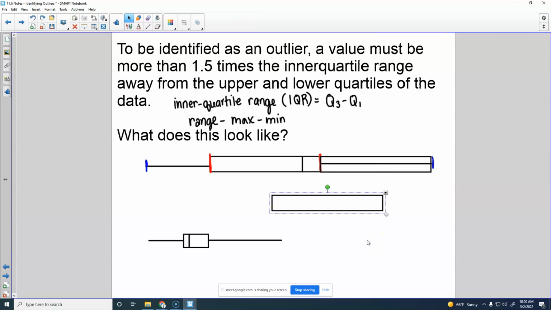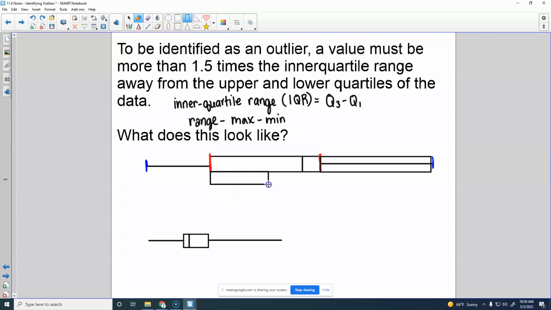Well, let me do this. I'm going to just make a box that looks like it's about half of that. That's close enough. Right there. So it's running off of my page here. So I don't actually have any upper outliers for this problem, right?